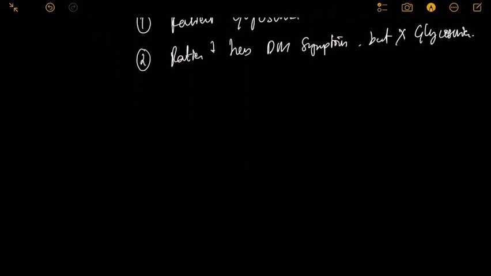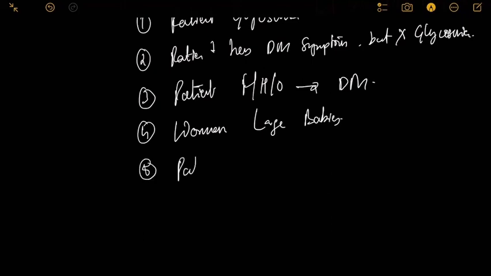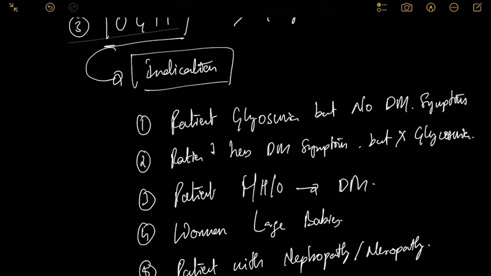Third, patient has a family history of diabetes mellitus. Fourth, a woman having large babies. And last, patient with either your nephropathy or neuropathy. So these were the indications for your oral glucose tolerance test.